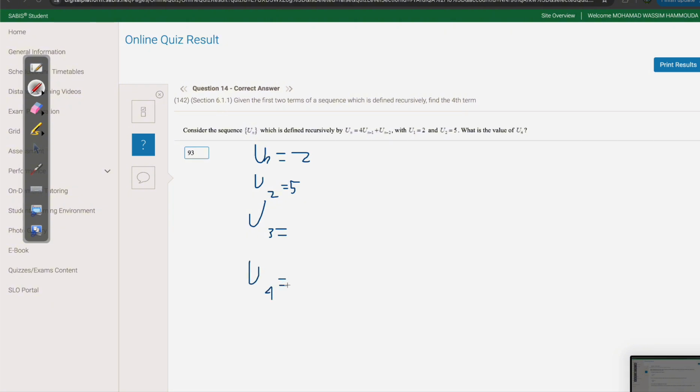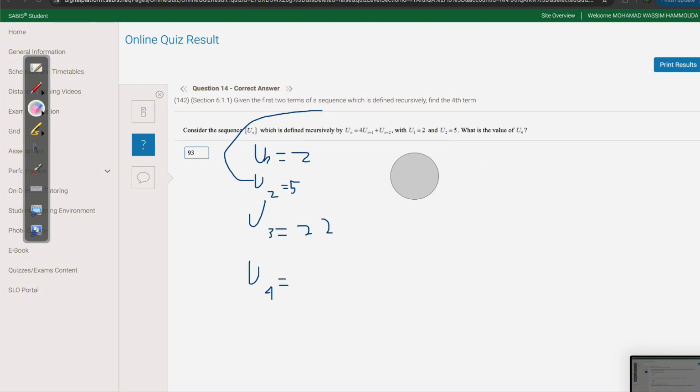Since we want to find u3, u(n minus 1) would be u2, right? So we're gonna do 4 times 5 plus 2, that's just gonna get us 22.